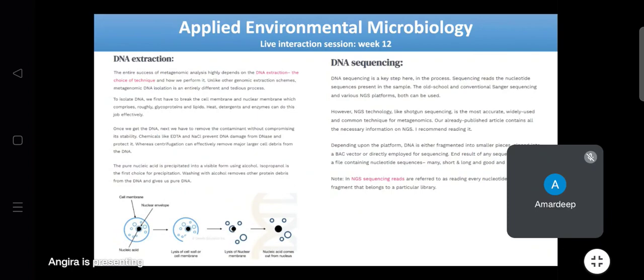Any one of you is familiar with the practical step of DNA extraction? Okay, what did you use? What was the first step of DNA extraction?